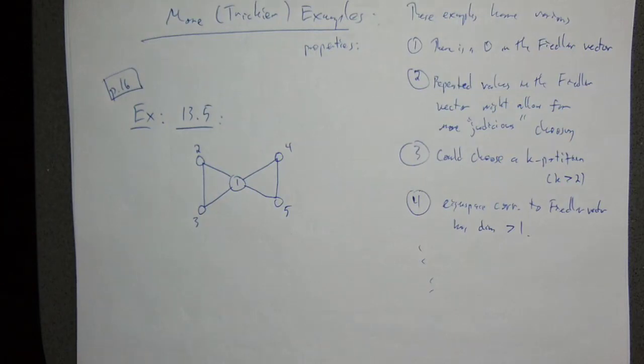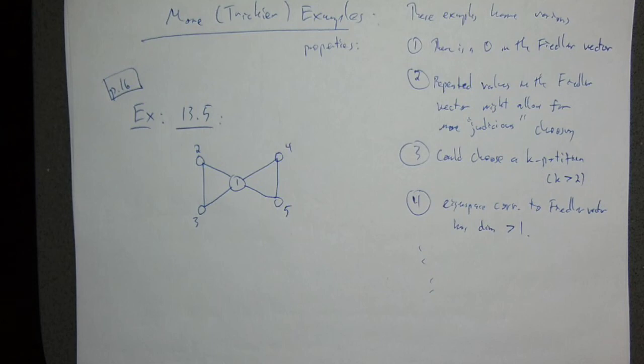Then quickly, the Laplacian matrix for this is listed at the bottom of page 16. The eigenvalues you find in increasing order are 0, 1, 3, 3, 5. So the Fiedler value is 1, the smallest positive eigenvalue.